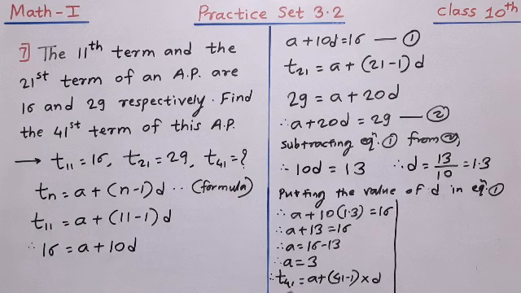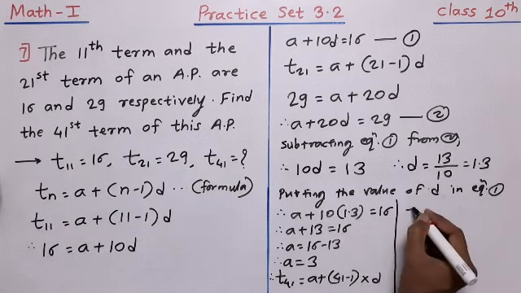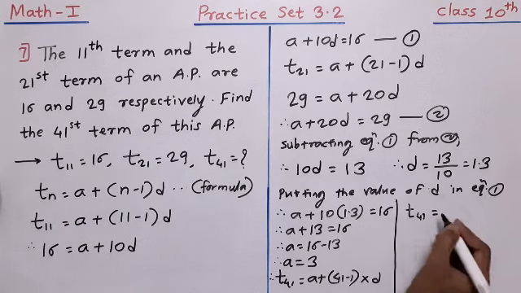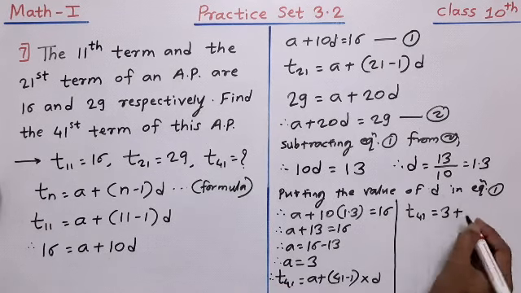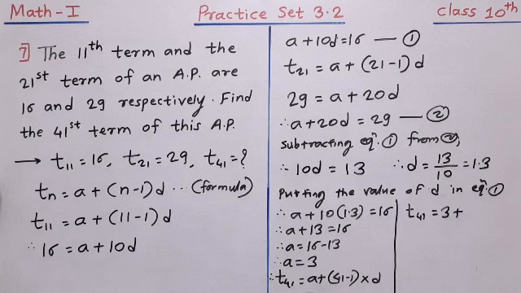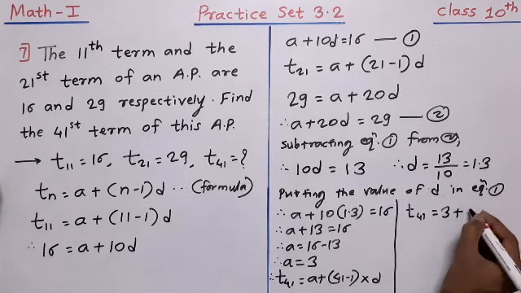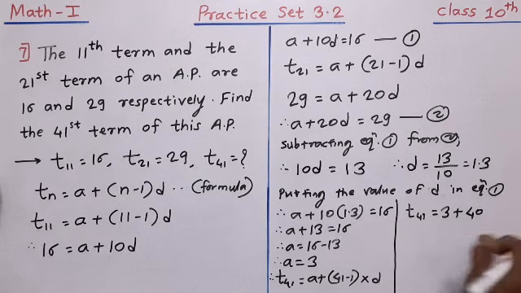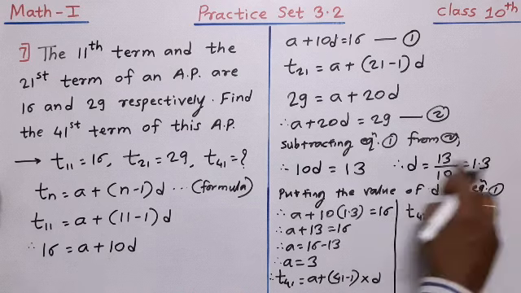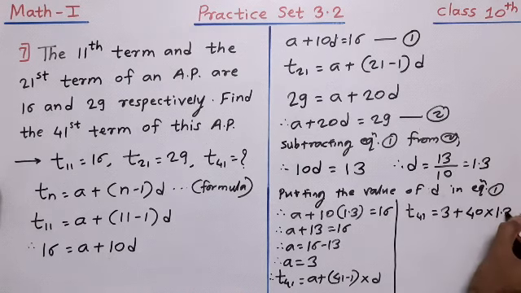Now substituting the values here, as we have to find out T41, we write it as it is. A means 3, see the value of a here, plus 41 minus 1 is 40 in bracket, d into d means you can write directly inside the bracket, or you can put the sign of cross, means multiplication, and the value of d is 1.3.